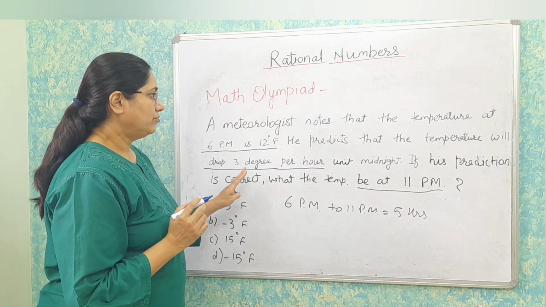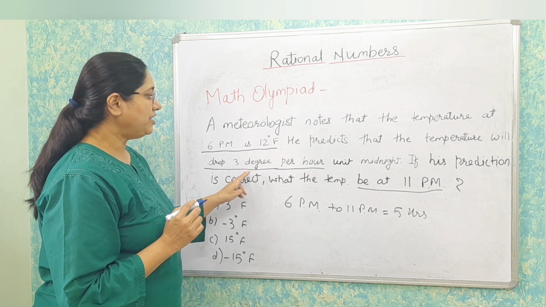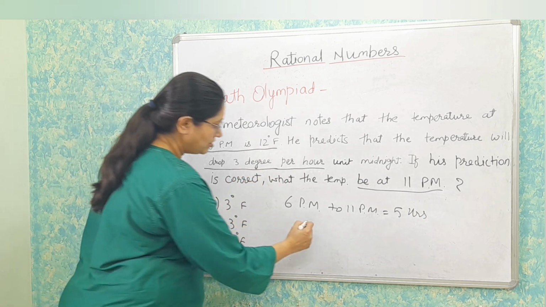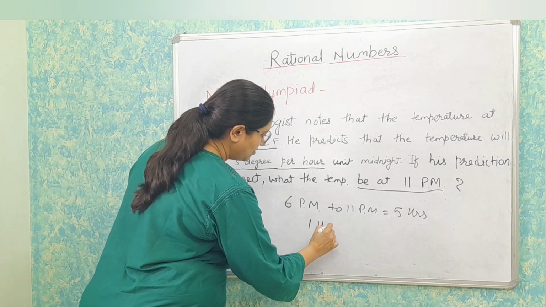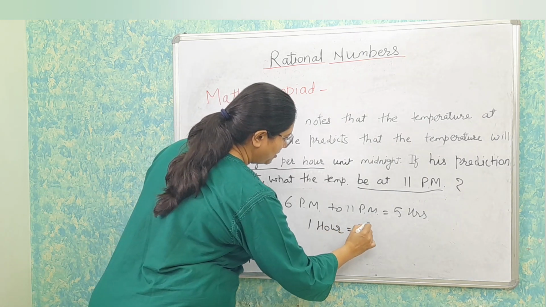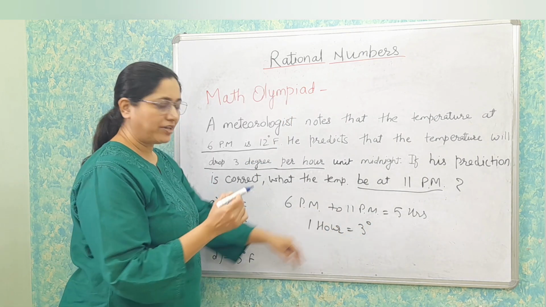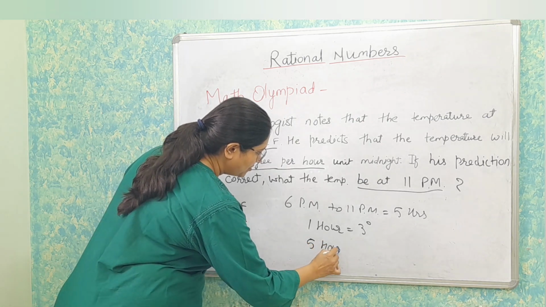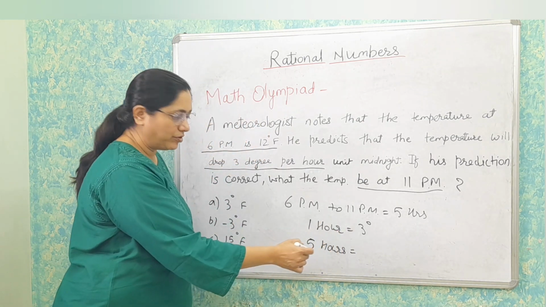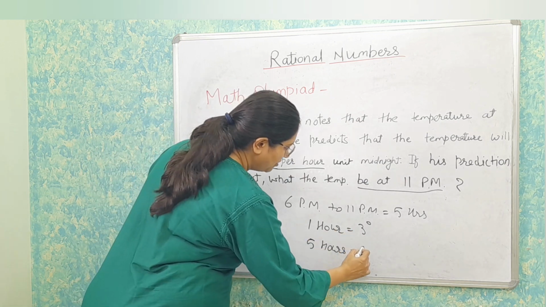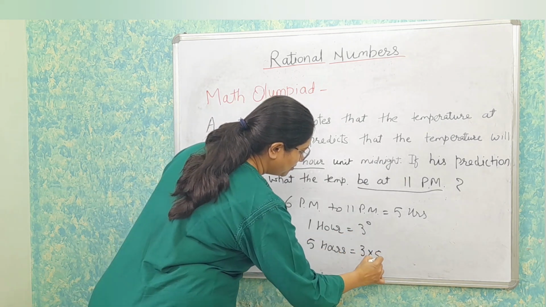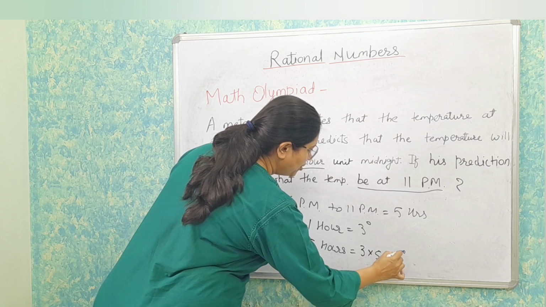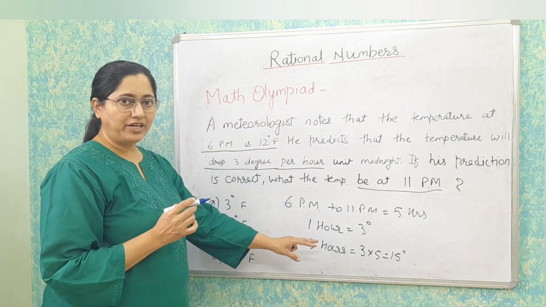And what is the drop of temperature? 3 degree per hour. It shows that 1 hour drop is 3 degree. But our duration of time is 5 hours. So we can say within 5 hours the drop will be more. 5 threes are 15. So it will further drop by 15 degree.